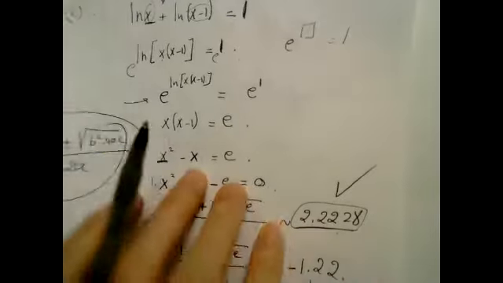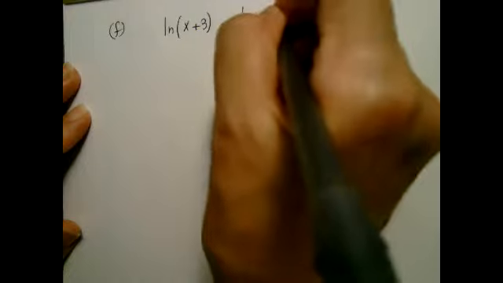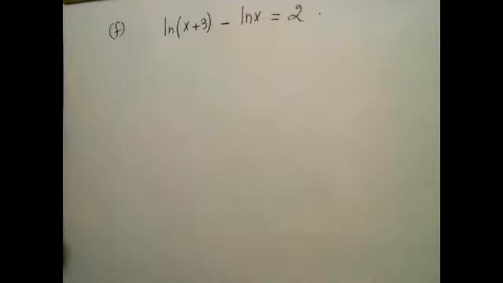Okay. So now I take on the 2 more questions you still have, and let me take them all. So it's F. And F tells me: solve ln of (x plus 3) minus ln of x equal to 2. So that's again the same situation as before. The only way I will be able to do that is to combine my logs.